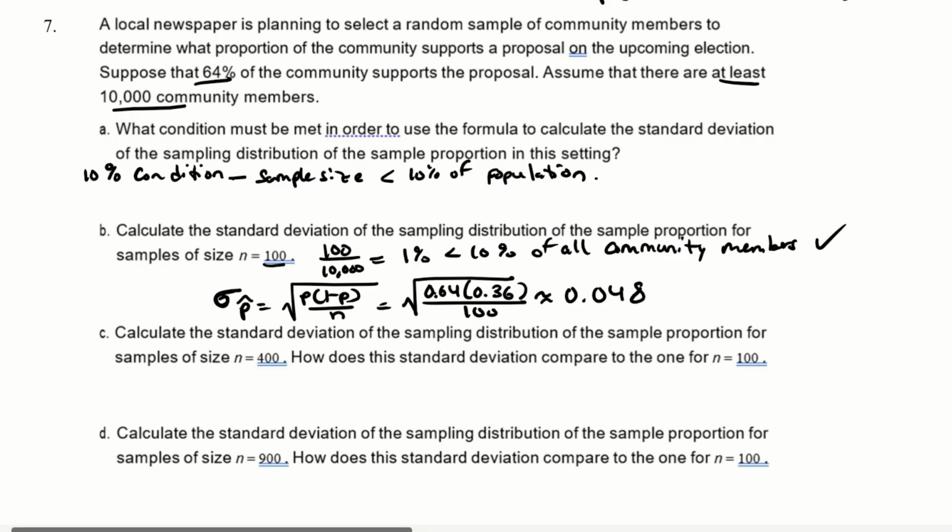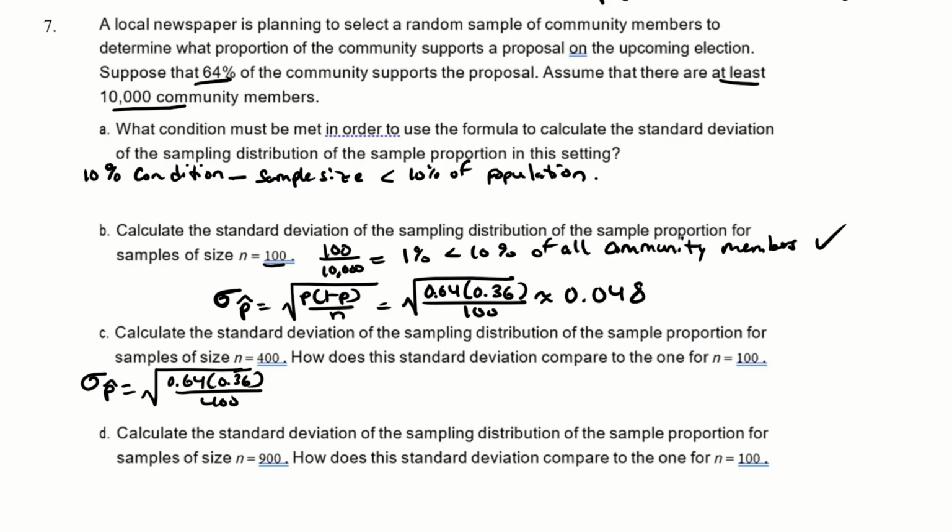All right, part C, calculate the standard deviation of the sampling distribution of the sample proportion for samples of size n equals 400. How does this standard deviation compare to the one for n equals 100? Okay, so let's do that here. So sigma p hat for 400 is, so now the only difference is that we're going to put 400 on the bottom. Okay, so 0.64, 0.36 over 400.